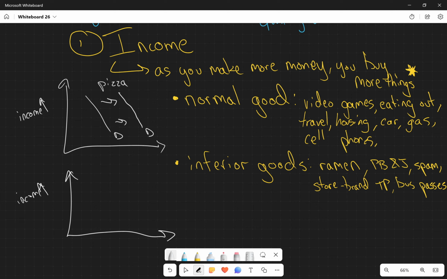Frozen meals. Yeah, absolutely. Frozen burritos. Yeah, those chimichangas. I know exactly what you're talking about. Frozen chimichangas, I don't know how to spell that. So for this one, if our income increases, we're going to have a shift to the left, or a shift inwards, of demand.